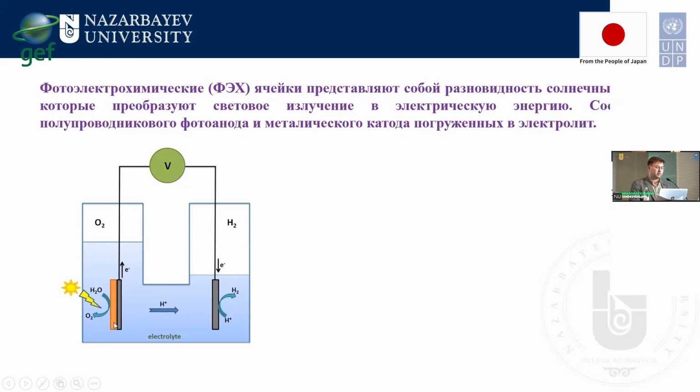On one of them, there is a semiconductor that generates charge from light, and it interacts with water, emits oxygen, and electrons go on to the next electrode, where they restore hydrogen.